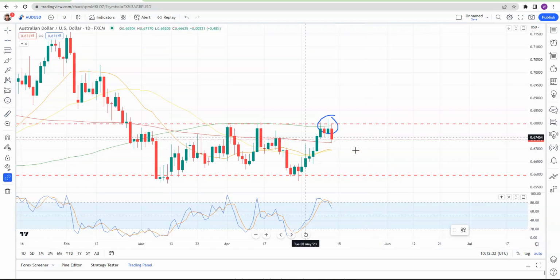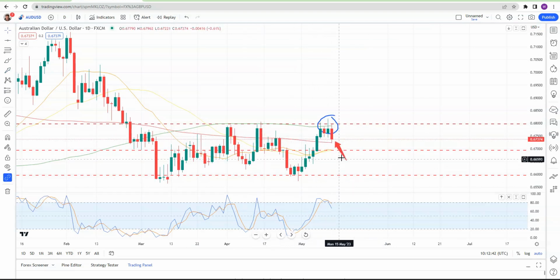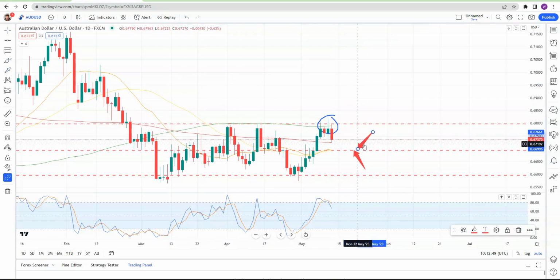So in the middle is 0.67, which is about there. Now, what you do have is a very light long zone, but because this is ranging side to side, you can either take half your position in the middle, in line, not because that's the middle of the channel, but just because there is PA zones along there.